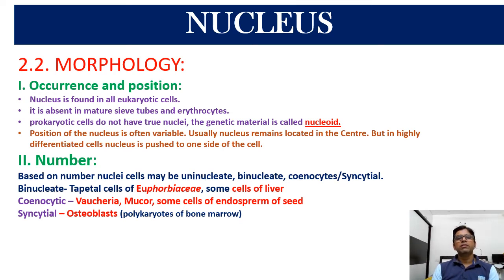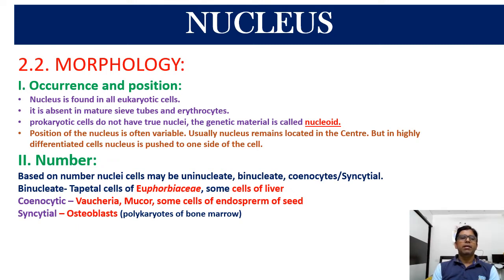In matured cells, the nucleus is pushed to one side due to formation of a large vacuole. Usually, in young cells, many small vacuoles are present, but in matured cells, all these small vacuoles merge to form a large vacuole. This vacuole is present at the center. As a result, the nucleus is pushed to a side of the cell.